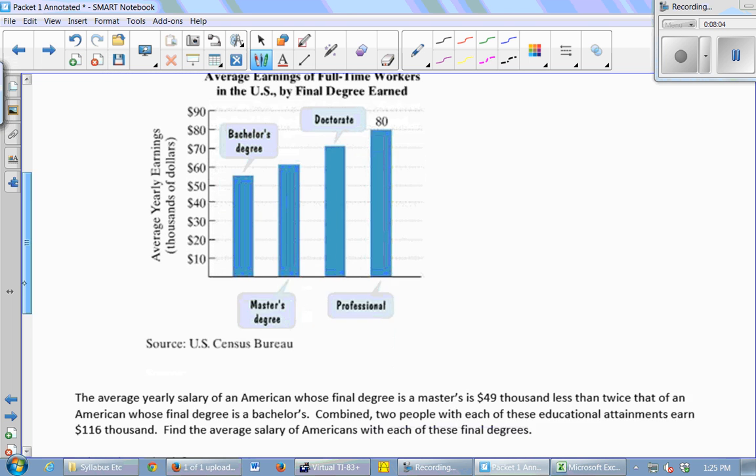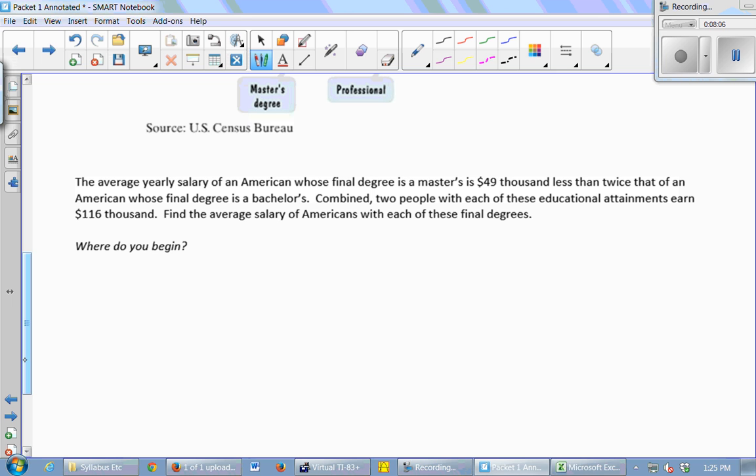Okay, so the average yearly salary of an American whose final degree is a master's degree is $49,000 less than twice that of an American whose final degree is a bachelor's. Combined, two people with each of these educational attainments earn $116,000.